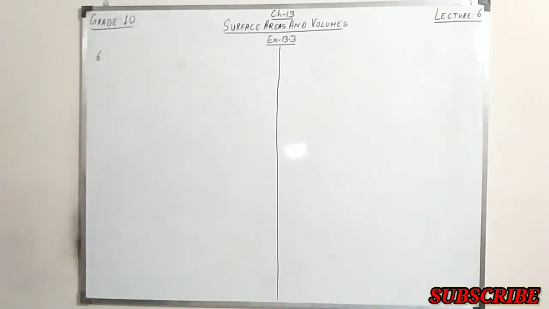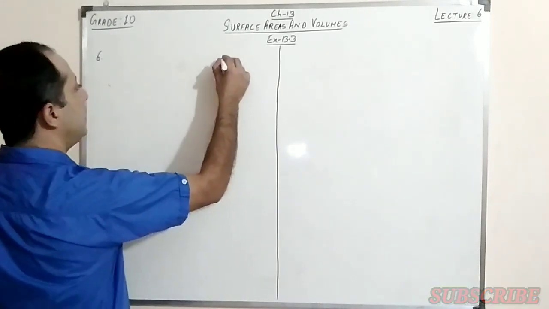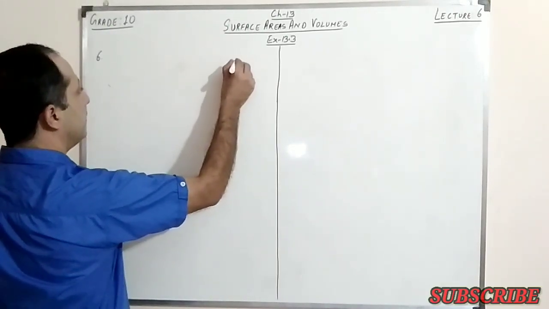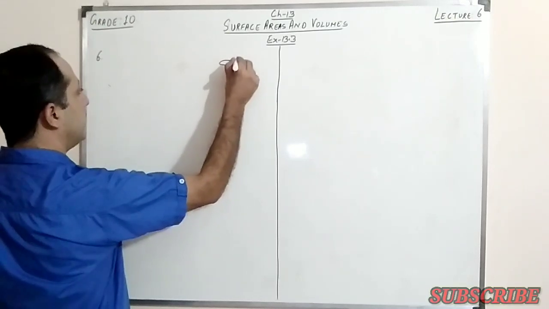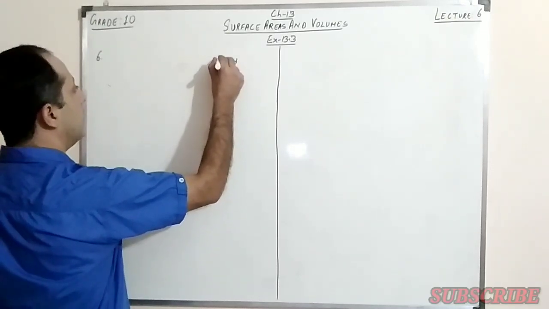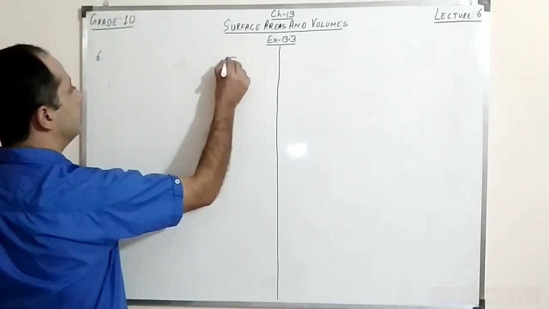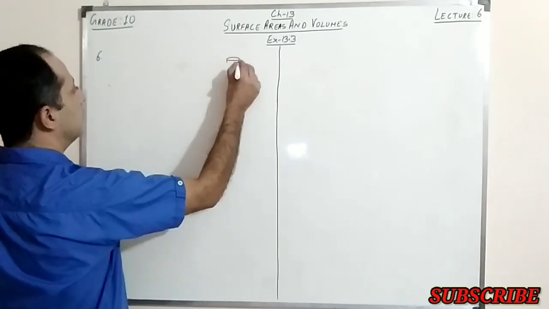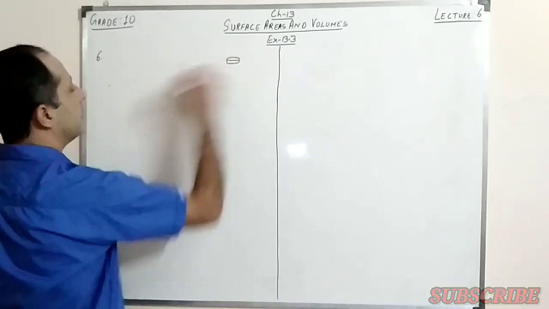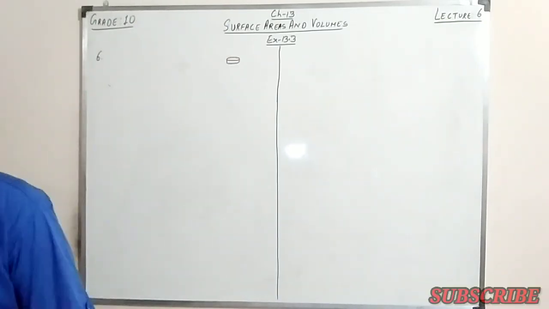So we have a silver coin. Now if you see a coin carefully, the shape of a coin is basically a cylindrical shape. Something like this. So this is the coin.